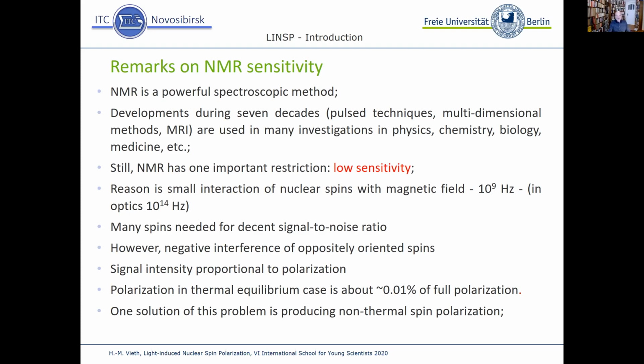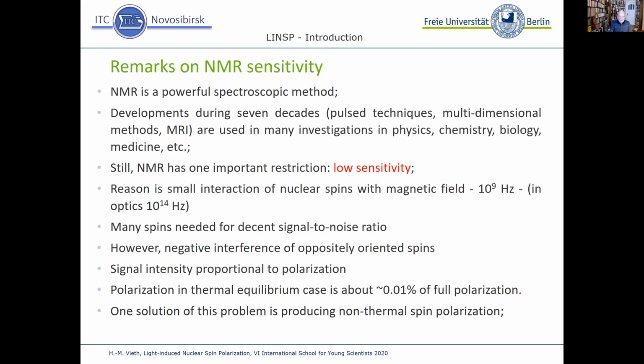So in optics we can see a single quantum. So in nuclear magnetic resonance we need for a decent signal to noise more than 10 to the 5 spins that act together.